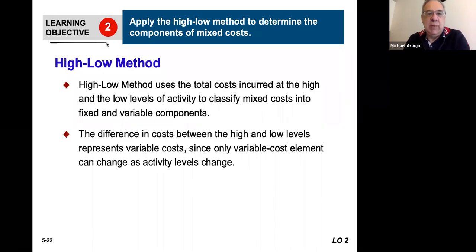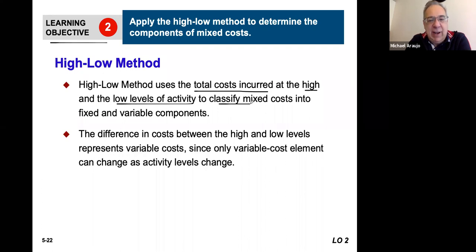All right, welcome to Learning Objective 2 here, in which we're going to be introducing you to something called a high-low method. Basically, it's a method where we look at the total costs that are going to be incurred at high levels of activity and low levels of activity.